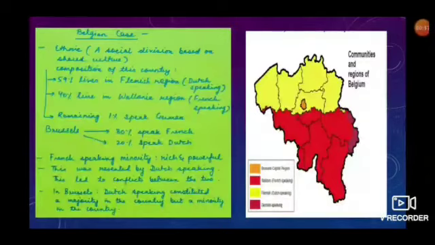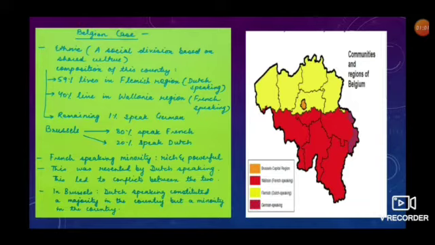Let us see the first case, the Belgian case. Here we could see a difference in the composition which was very unique. 59% of the people were living in the Flemish region, those who spoke Dutch, and 40% were living in Wallonia and they were speaking French.